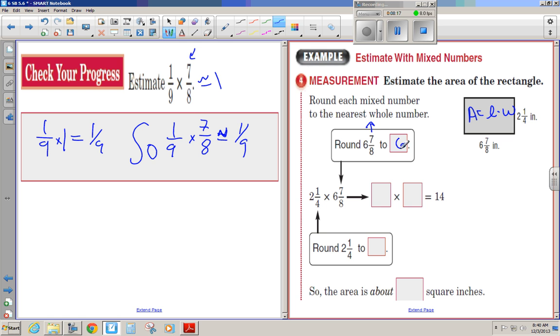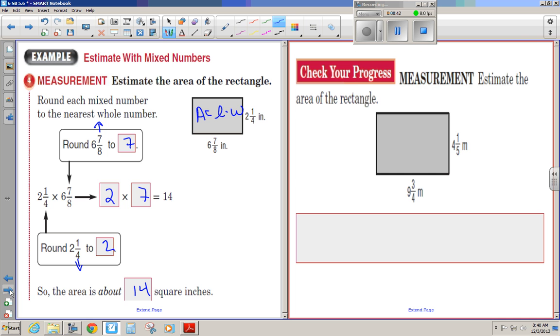I'm sorry, 6 and 7/8 should round up to 7. And 1/4 should round down to 2. So 2 times 7 is approximately 14. So this rectangle is approximately 14 square inches.